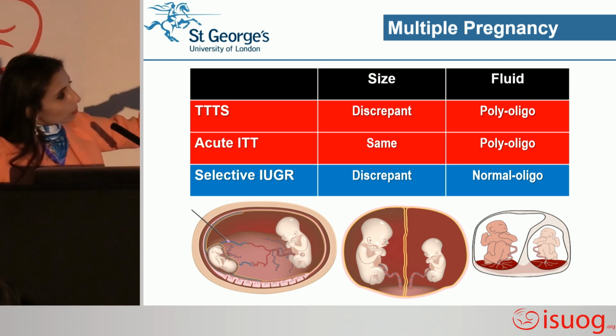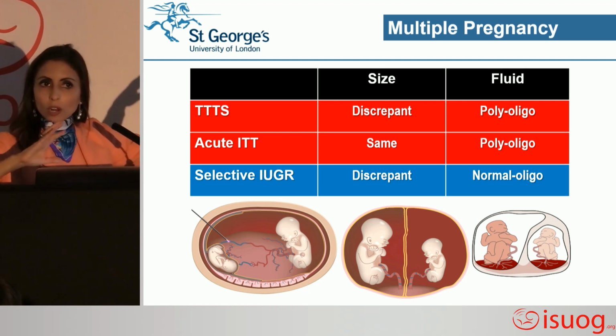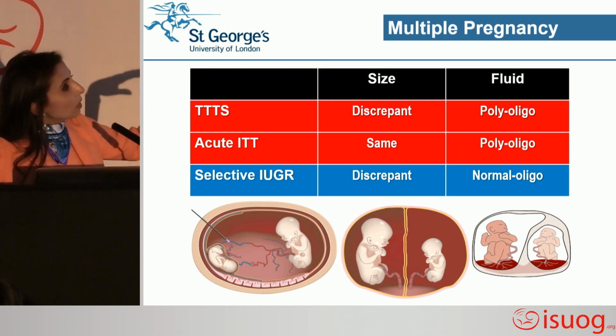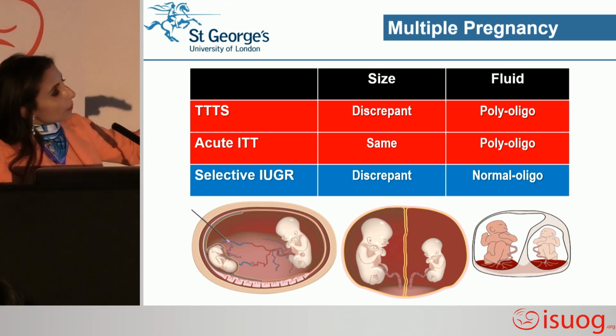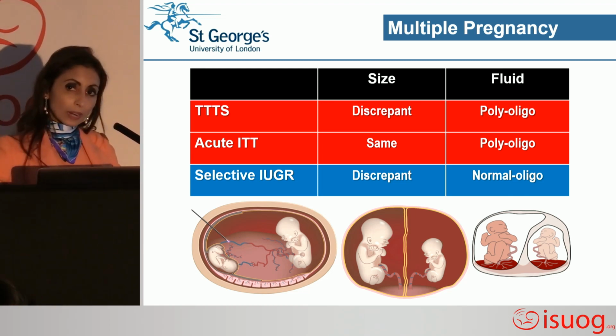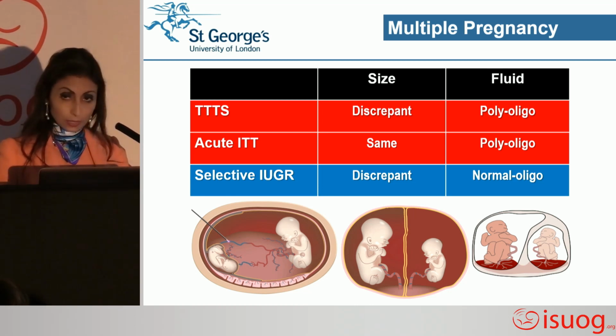For acute TTTS, you will have the polyhydramnios-oligohydramnios sequence, but often there is not large discordance in the size. Often the two babies are relatively similar in size, while in selective fetal growth restriction you do not have polyhydramnios, so one baby has normal amniotic fluid and the other has oligohydramnios, and you have a big discrepancy or discordance in the size, with one baby being small.